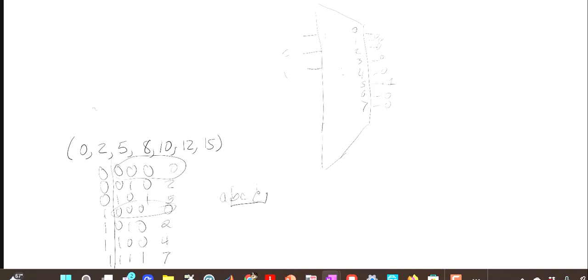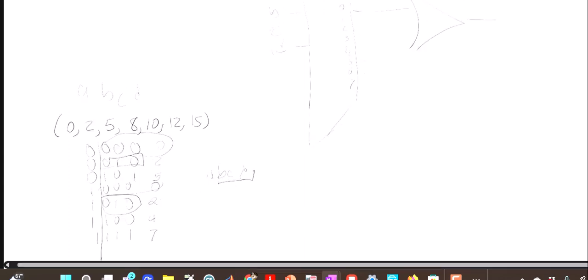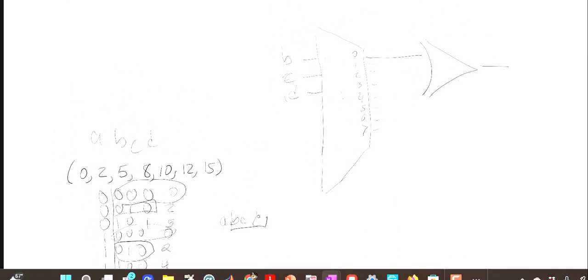So this is A, B, C, D. So if I have B, C, D, if those evaluate to be 0, then I know that my function is 1. Similarly, 0, 1, 0 shows up for both of those. So 2, that works.